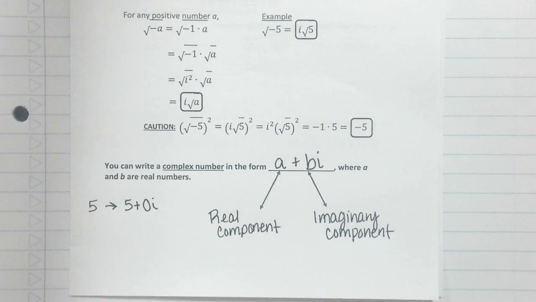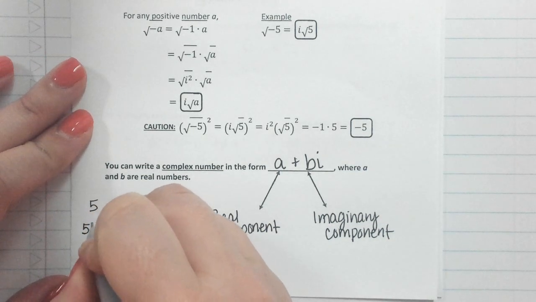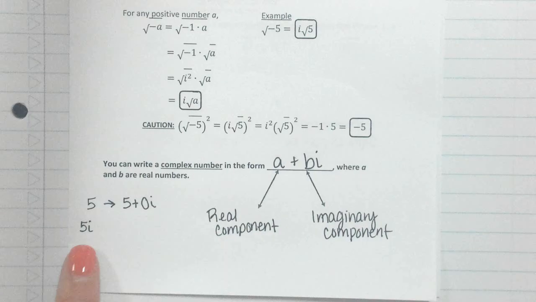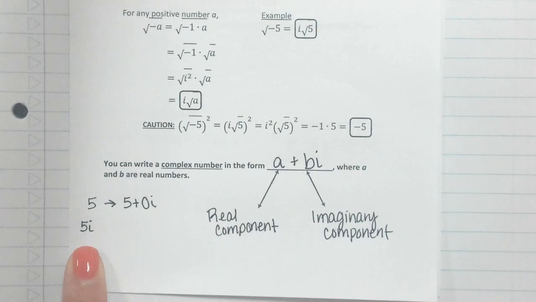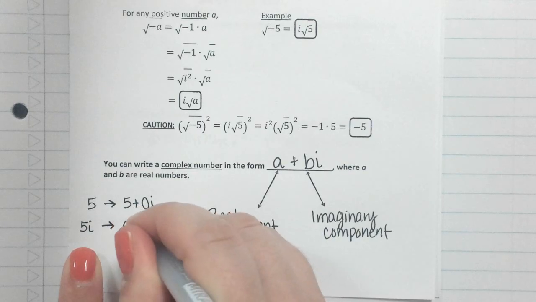It is purely real. Okay? And then the number 5i is an imaginary number, okay, and that number has no real component.